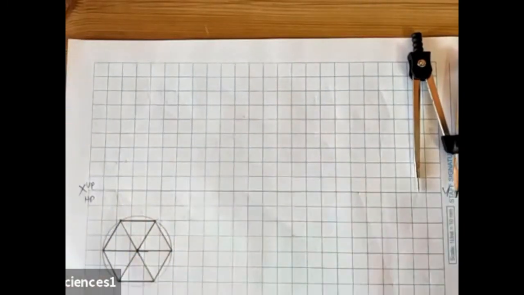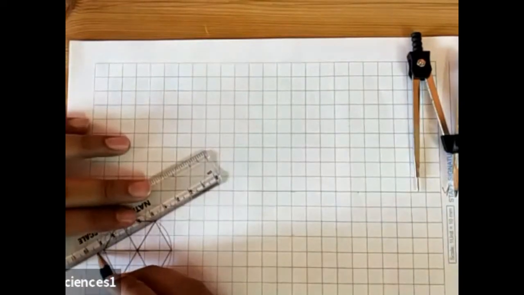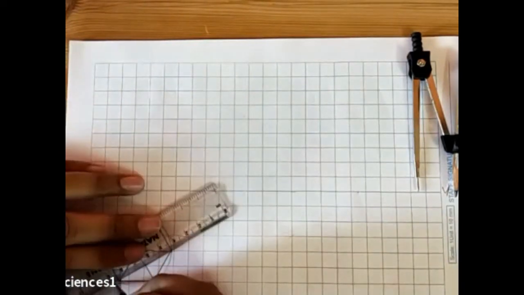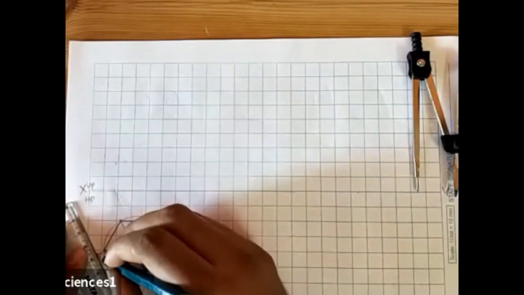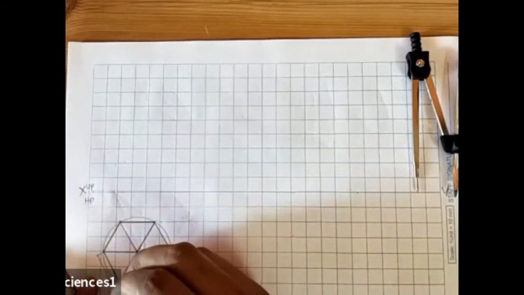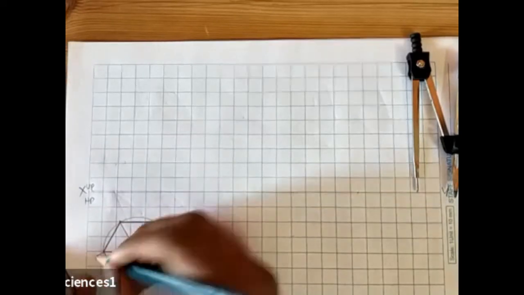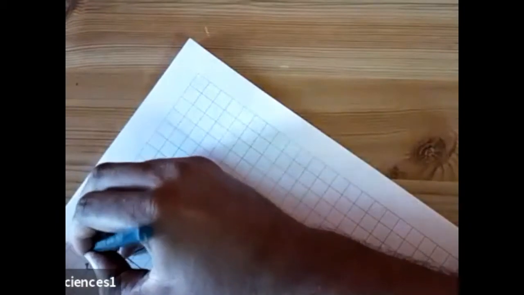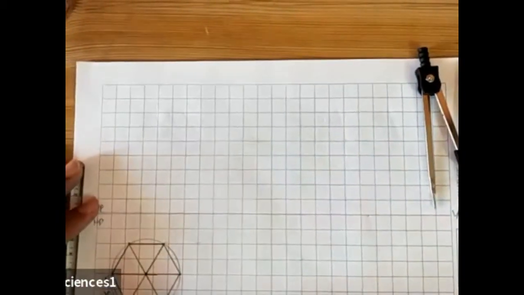The dimension should be shown like this. Extend the dimension extension line and show this dimension. Dimensions are very important. You're supposed to show the dimensions also. So this will be 25. We'll start marking the points.